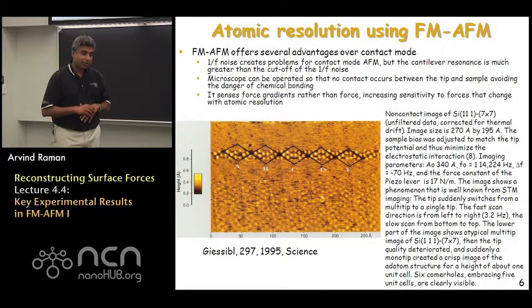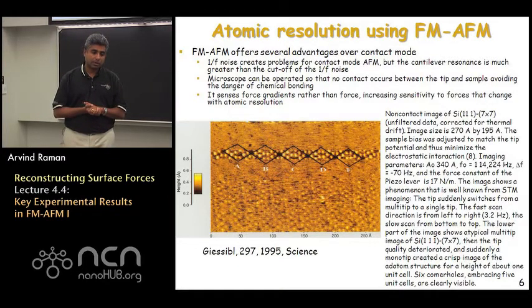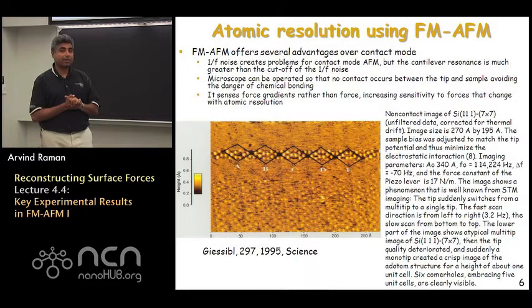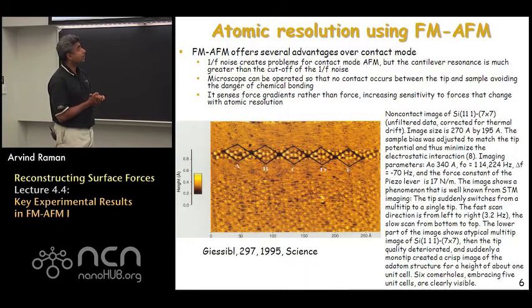When it came to the use of FM-AFM for getting atomic resolution, the real breakthrough was made in 1995 with this publication that came out of Giessibl's work in Germany. The potential advantages of using FM-AFM for atomic resolution images are listed on the top.